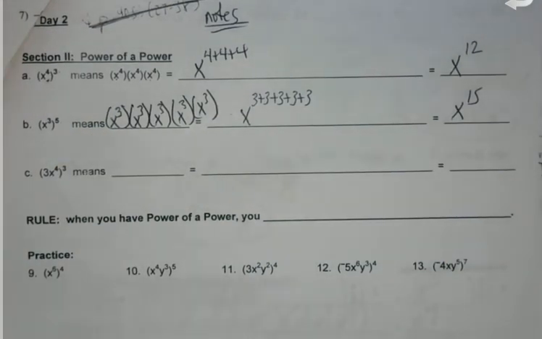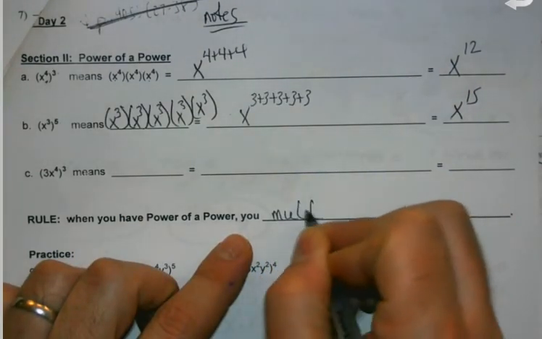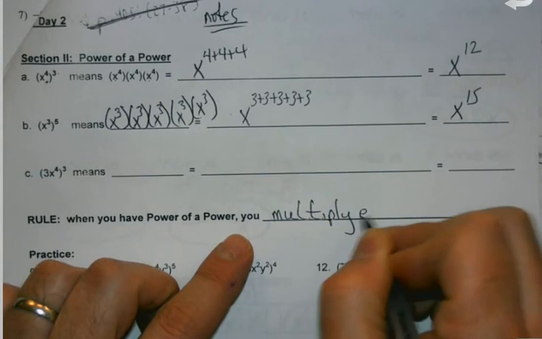So I start to look at the numbers, and I'm like, 4 and 3 to get to 12, 3 and 5 to get to 15. What do you do to 4 and 3 to get to 12? Multiply. What do I do to 3 and 5 to get to 15? Multiply. So when you go power to power, you multiply the exponents.